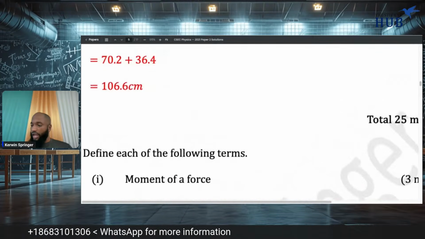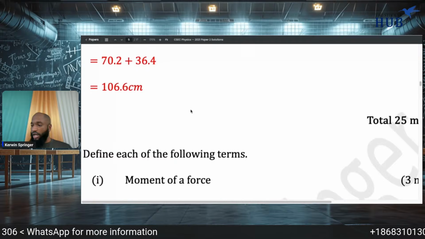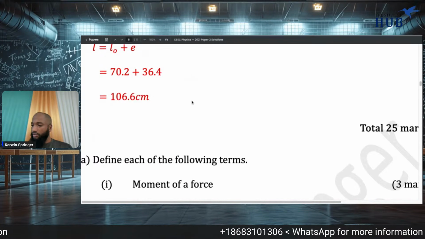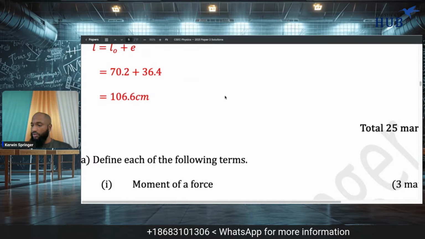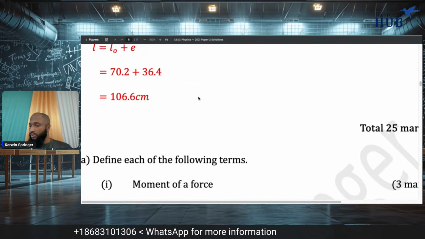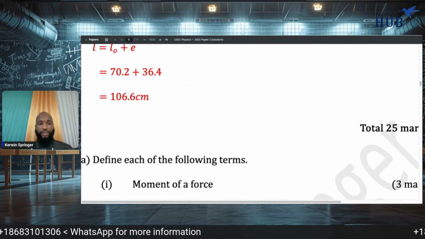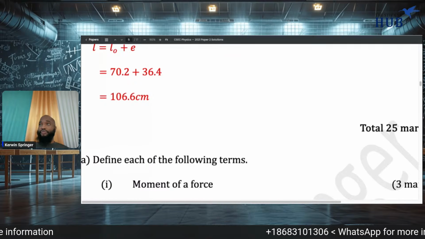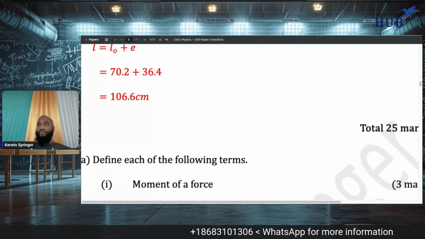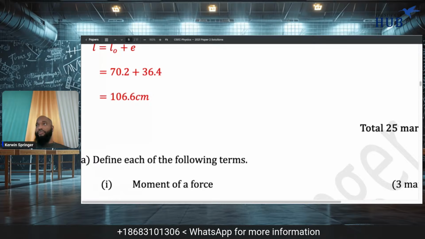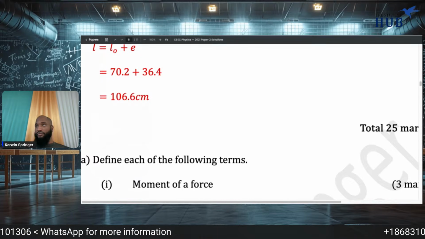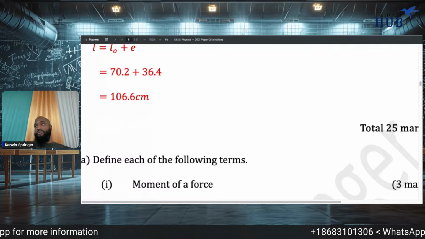Number 2, define moment of a force. We talked about that just now, so everybody's supposed to be able to cook. Moment of a force. Line of action.